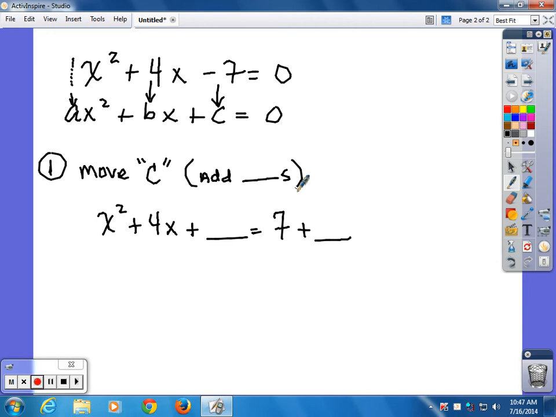Okay? Now, the second step is to take B, divide by what? 2, and square it. So, let's do that. That's the second step. Take B, divide it by 2, and square it.